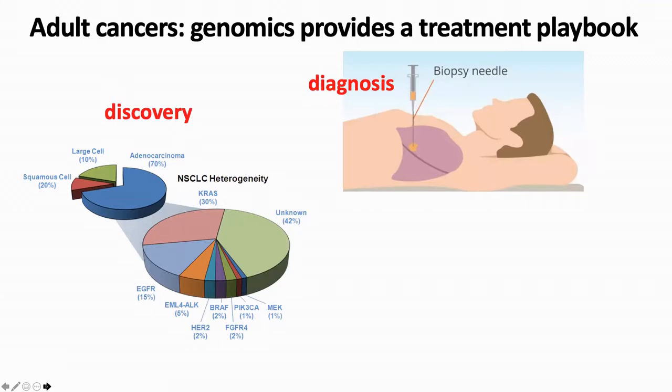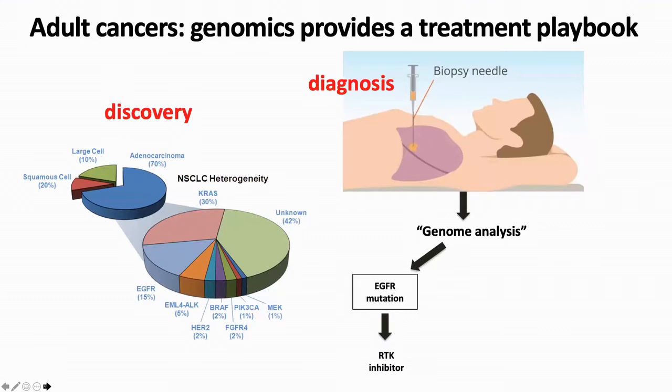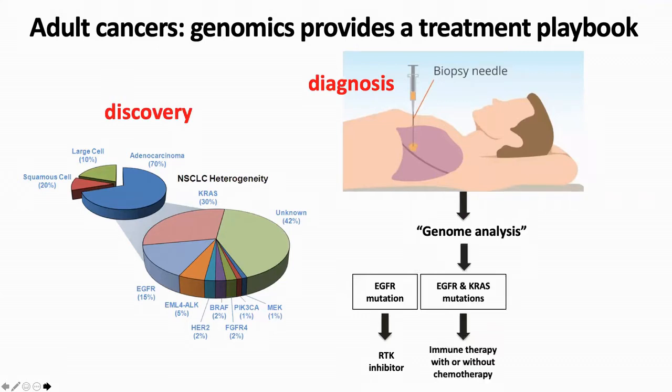And this has resulted in this diagnostic paradigm that currently plays out in much of adult cancer medicine today, where a diagnosis is performed on a small tumor piece from a biopsy needle or from a small resection. Genomic analysis takes place. And in the setting of lung cancer, for example, the presence of an EGFR mutation would invoke the use of a receptor tyrosine kinase inhibitor, a small molecule therapy.